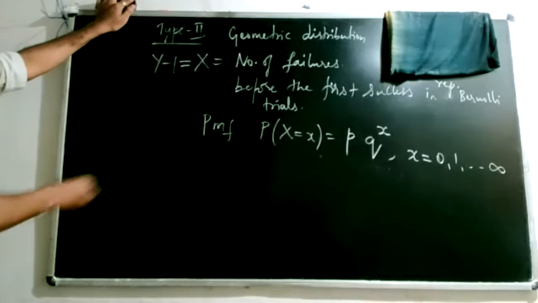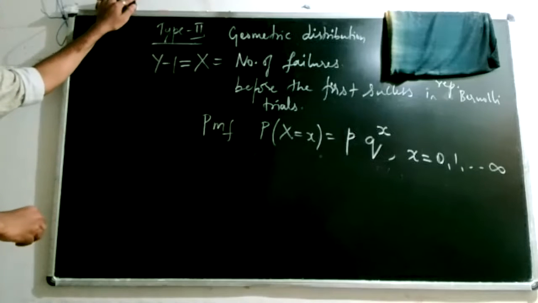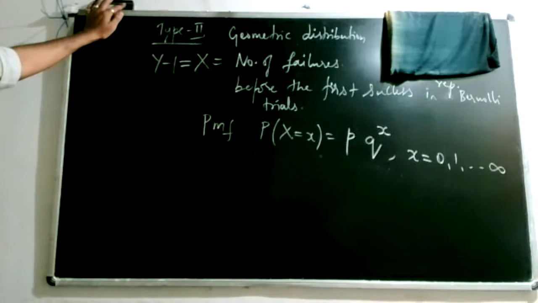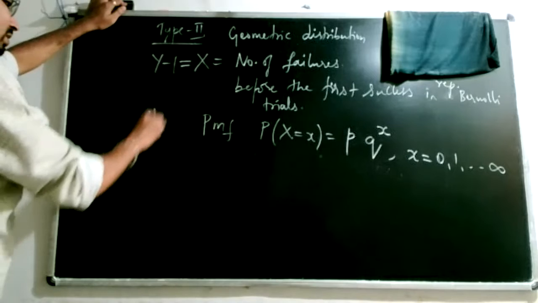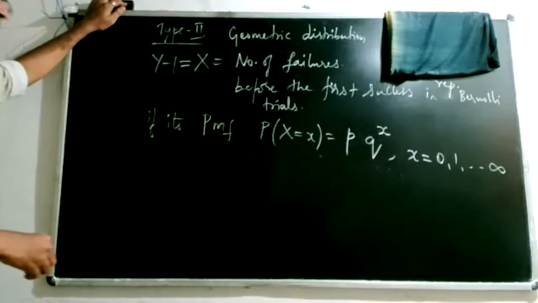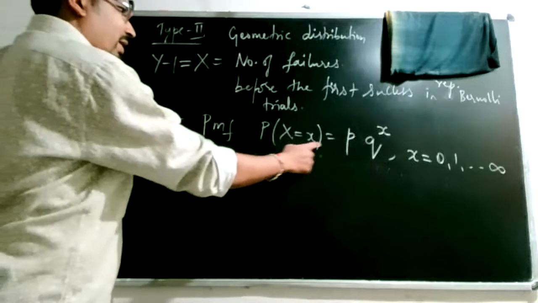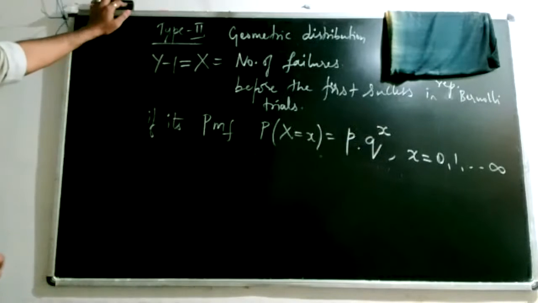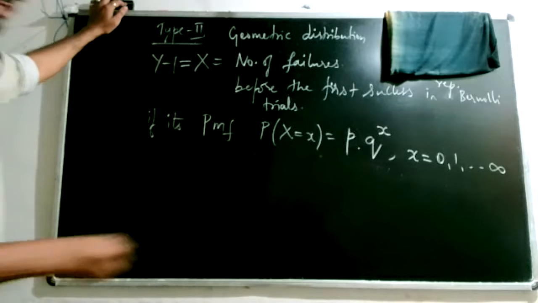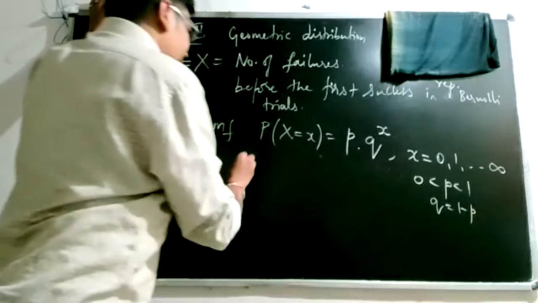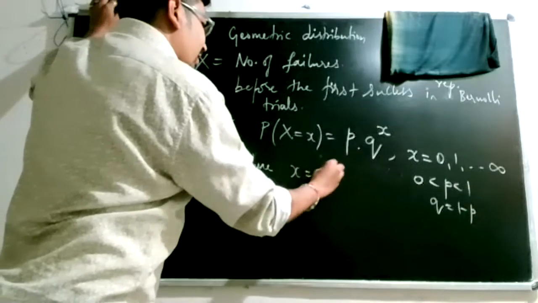You can take the definition. A discrete random variable x is said to follow geometric distribution if its PMF is given by P of x equals p into q power x, x equals 0, 1 to infinity, 0 less than p less than 1, q equals 1 minus p, where x equals the number of failures.